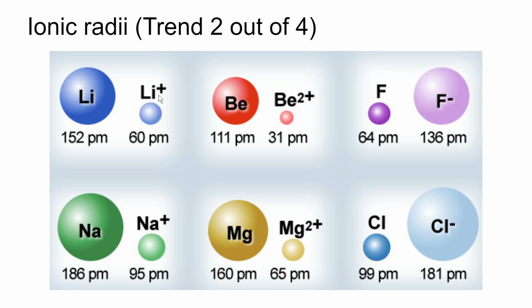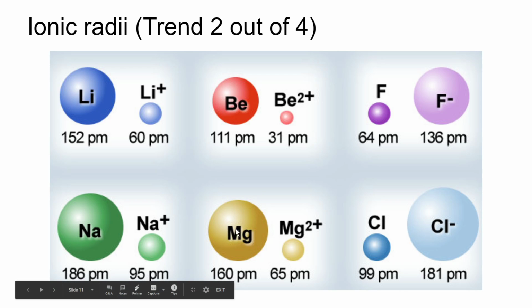When it loses that electron, we're going down to what's called the core electrons, and it's getting that noble gas electron configuration. So when cations are formed, because cations are positive, we're losing a whole shell of electrons, making the ion way smaller.